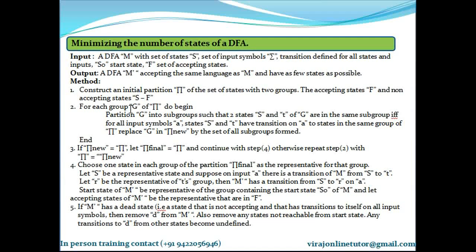So do it for all subgroups. For all subgroups, if all the states in that subgroup go, for all the input symbols, to the same subgroup, don't split it up. But if the elements in the subgroup go to different subgroups on the same input symbol, split it up. Point number 3 says if pi nu is equal to pi, that means after I keep on splitting up the subgroups, the new series of subgroups that you get is exactly the same as the previous series of subgroups.